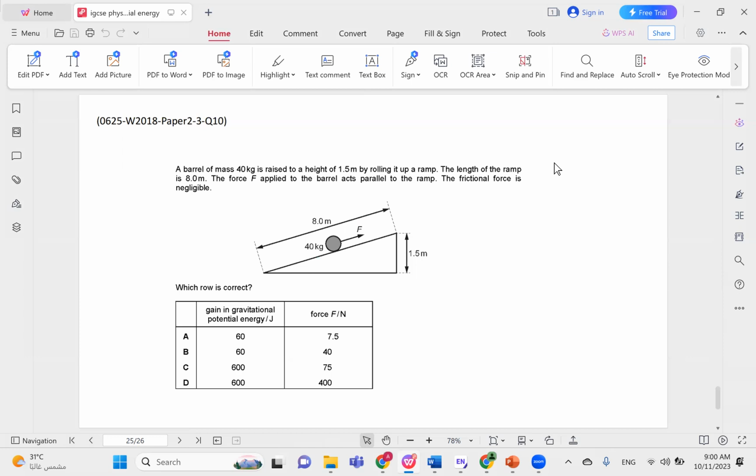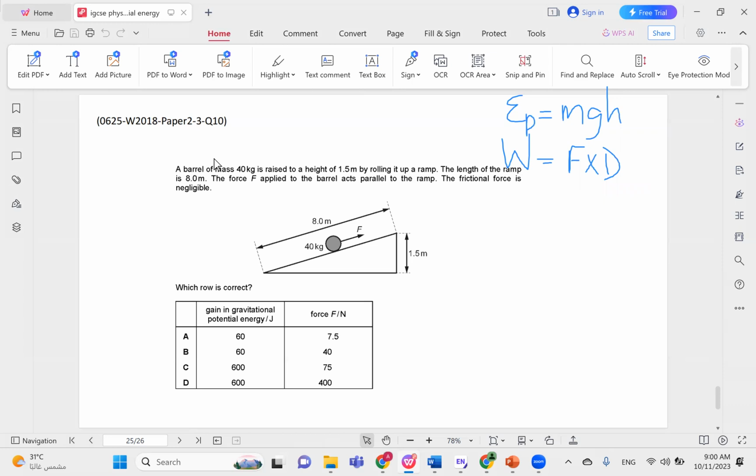We are required to figure out the gain in the gravitational potential energy and the force done. So we're going to need two equations here. Gain in gravitational potential energy, which is mgh. And we're also going to need the equation work equals force times distance, which we previously mentioned in this same video.